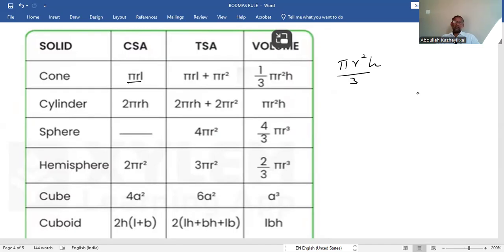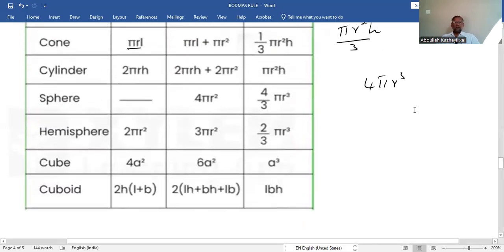And hemisphere volume, listen here. You can see here, 4 by 3 pi R cube is the sphere. So, hemisphere, what we can say?